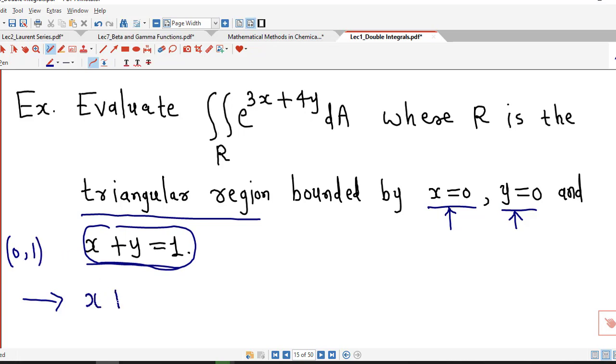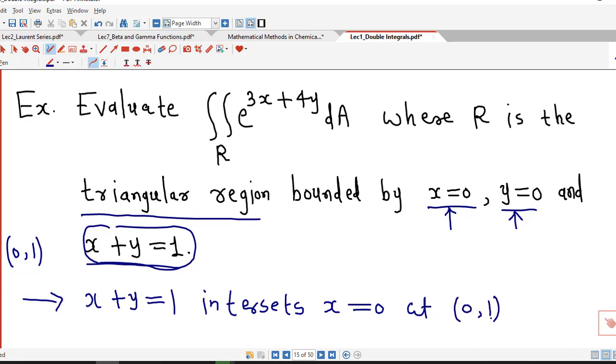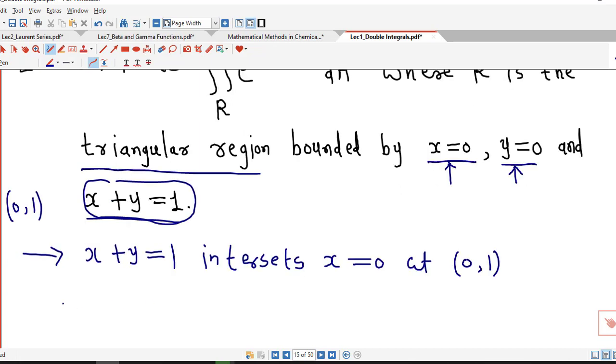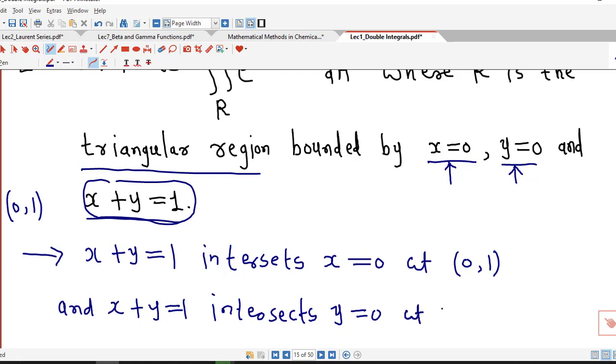So we can say that x plus y equal to 1 intersects x equal to 0 at point 0, 1, and similarly we can say that x plus y equal to 1 intersects y equal to 0, that is x axis.